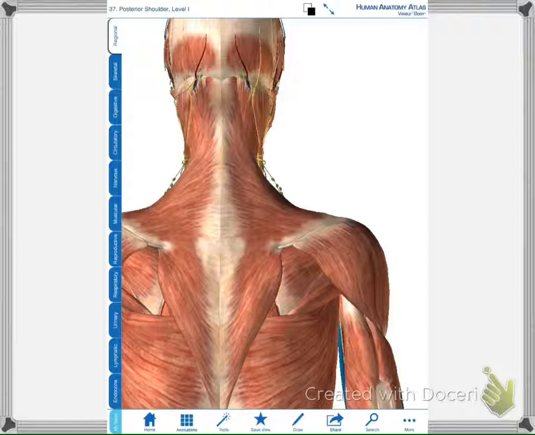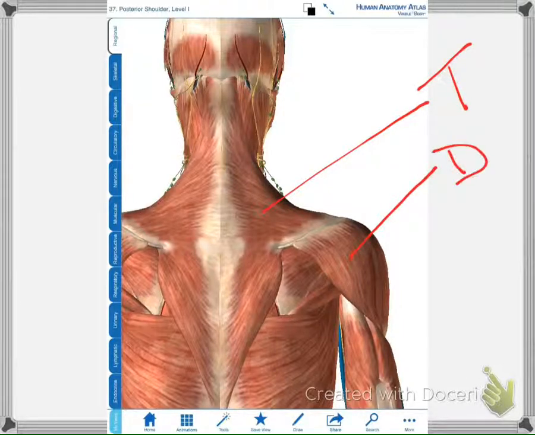Now let's go ahead and take a look at some of the anatomical landmarks here that are muscular. Okay, this is our trapezius muscle. This is our deltoid muscle. The deltoid muscle has three heads: posterior, middle, and anterior.